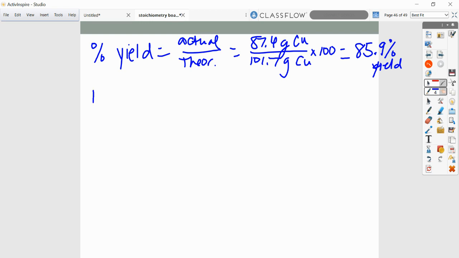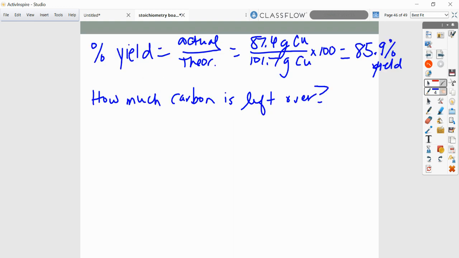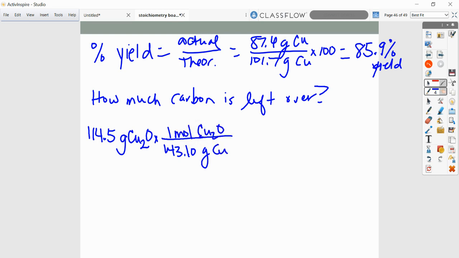If we're looking at how much carbon is left over, we're going to take our original starting amount of copper 1 oxide, which is 114.5 grams. Convert that to moles, and then relate that to the carbon.